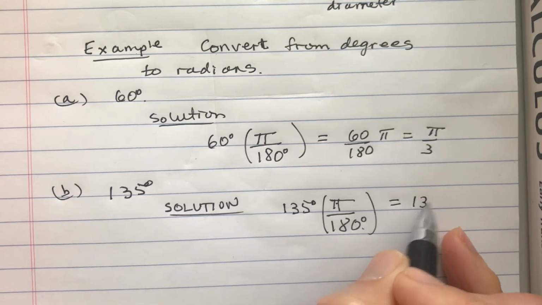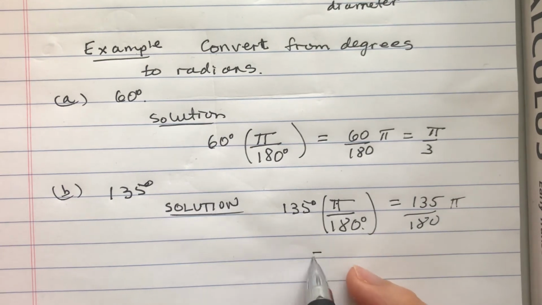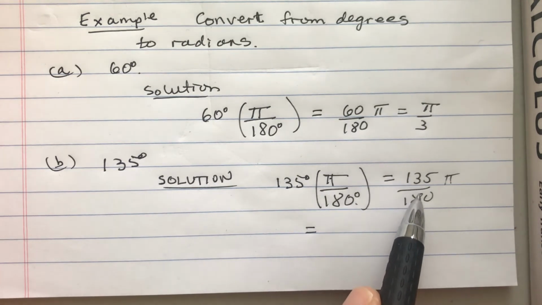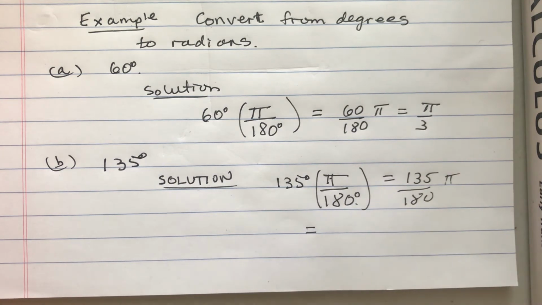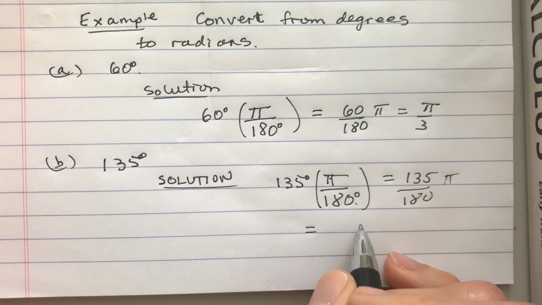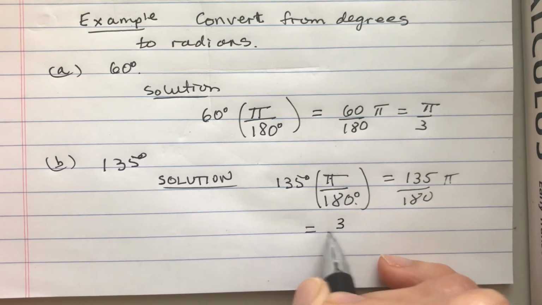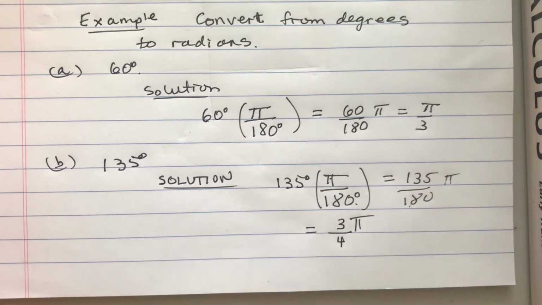And then I'm presented with the task of trying to figure out how to reduce this. Well, 45 goes into 135 3 times, and 45 goes into 180 4 times. So that's 3/4 pi.